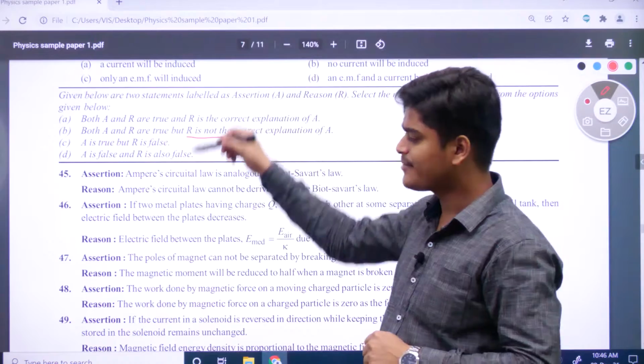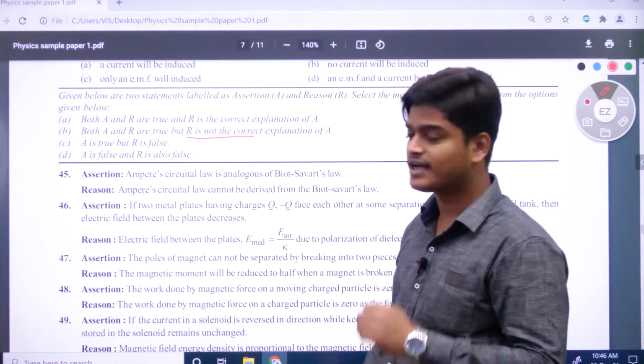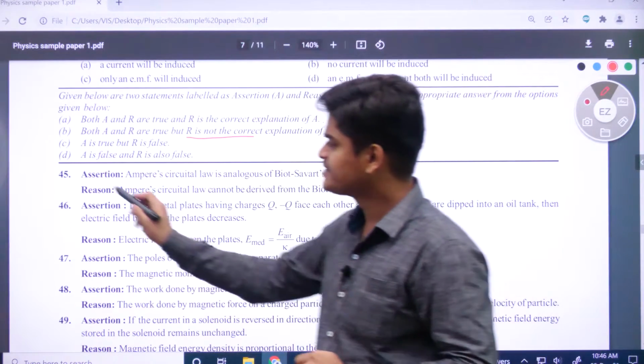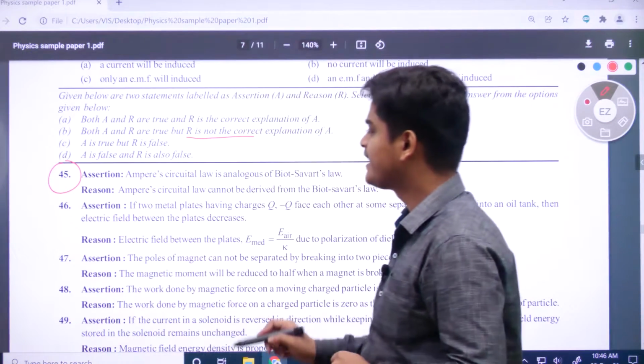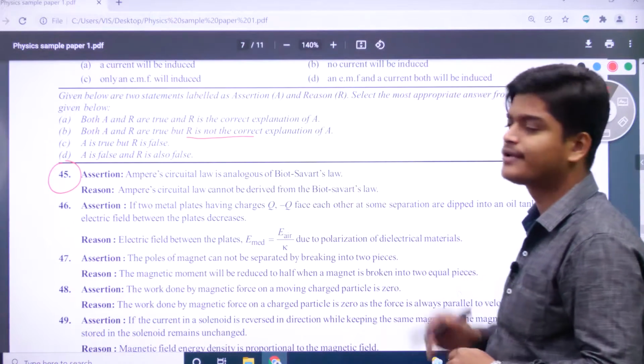While doing this type of questions, you must read the 2 statements correctly, assertion and reason. So first question, see here, 45. It is telling that Ampere's circuital law is analogous to Biot-Savart law.